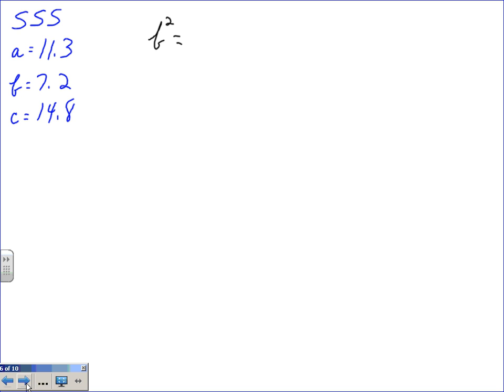All right, so B squared equals A squared plus C squared minus 2AC cosine of B. You have to be real careful here. You have to be real careful of order of operations.